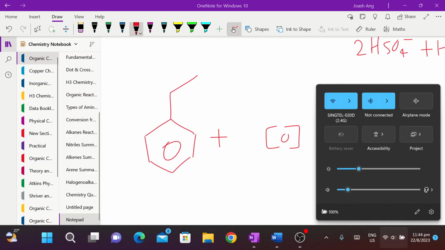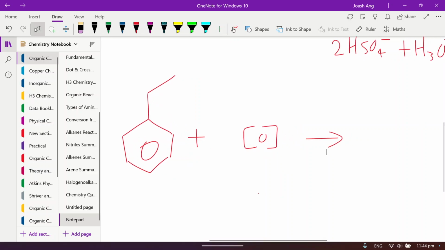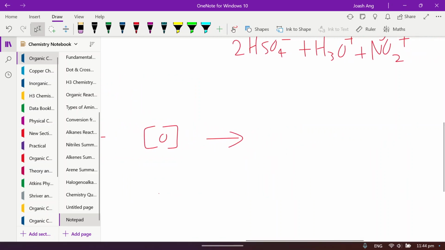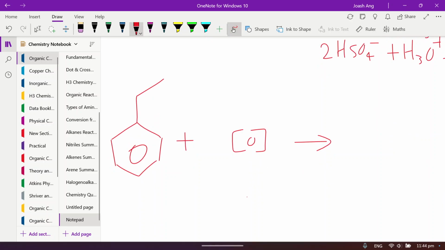Balance the number of carbon. So I know my product will be benzoic acid.